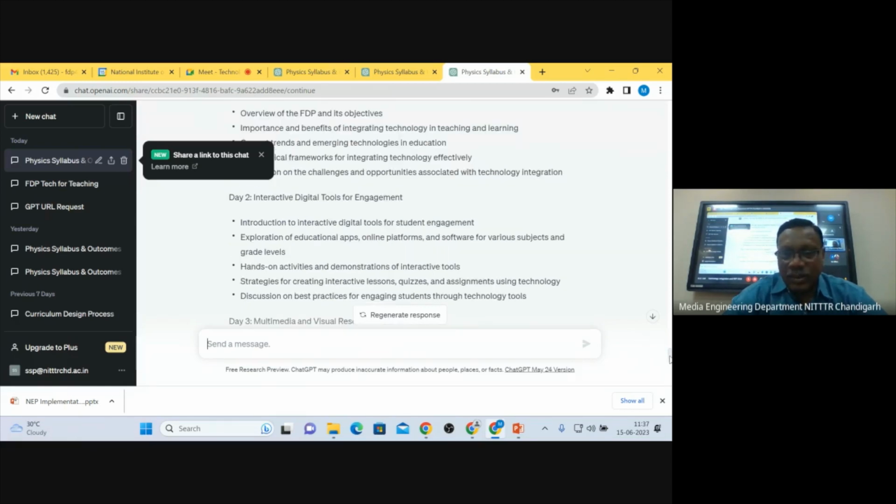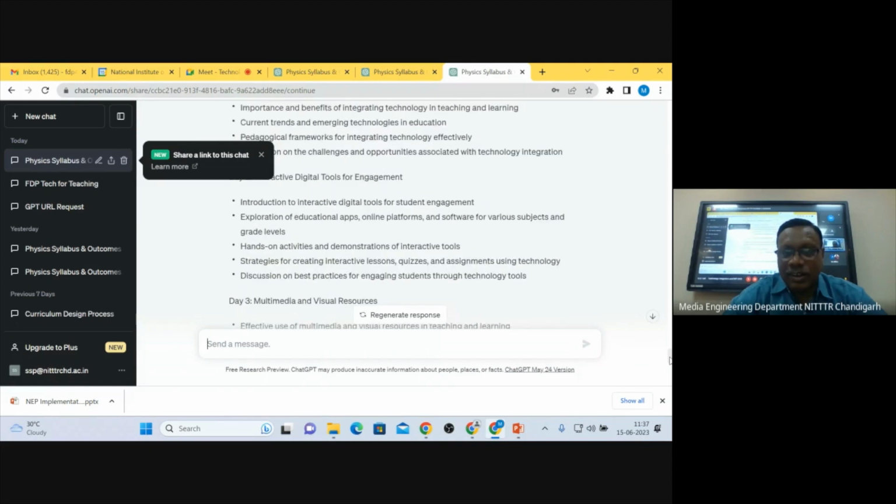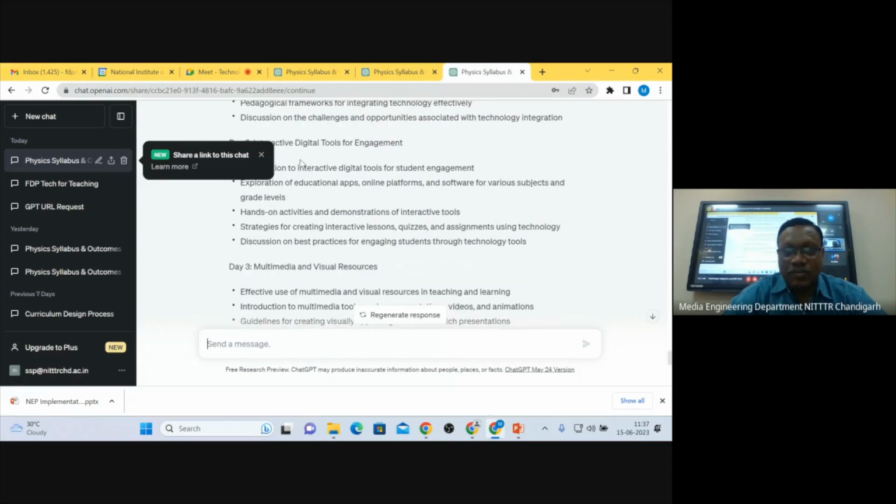Then on the second day, it says interactive digital tools for engagement: an introduction to interactive tools for student engagement, exploration of educational apps, online platforms, software for various subjects and grade levels, hands-on activities, demonstration on interactive tools, strategy for creating interactive sessions, quizzes.